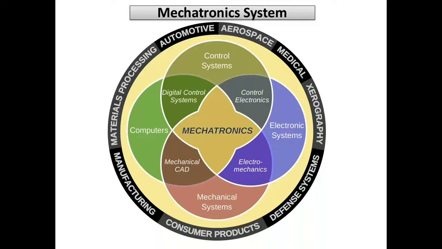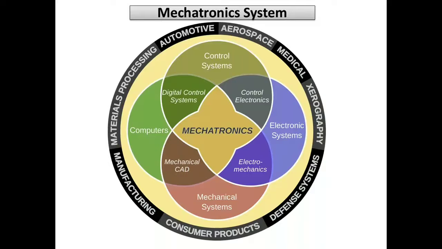Mechatronics is a rapidly developing interdisciplinary field of engineering: the integration of mechanical engineering, electronic engineering, computer technology and control engineering for the development of electromechanical products. It can only be developed through an integrated design approach. A mechatronic system requires a multidisciplinary approach for the design, development and implementation of a product.